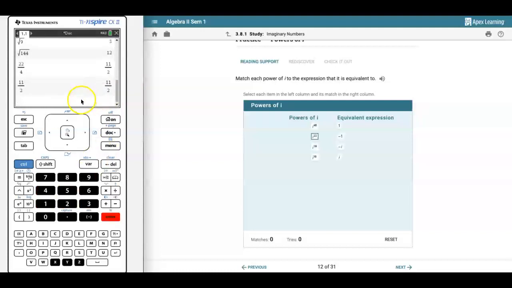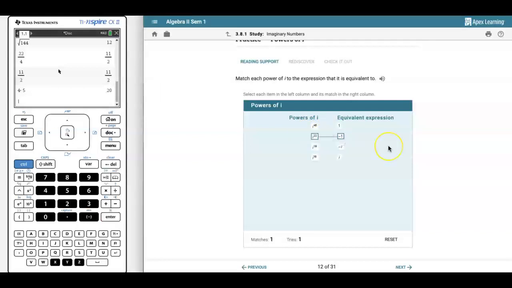So 11 divided by 2 gives me 5.5, right? So it's saying I can have 5 of these with a couple left over. So 4 times 5 is going to give us 20, right? So I need 22. That means I have all i to the 4ths, but then I end up with an i squared, right? And if I have i squared left over, according to my pattern, i squared is going to give me -1. So that ends up actually being -1.